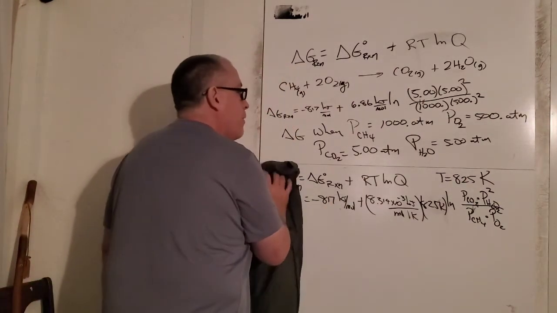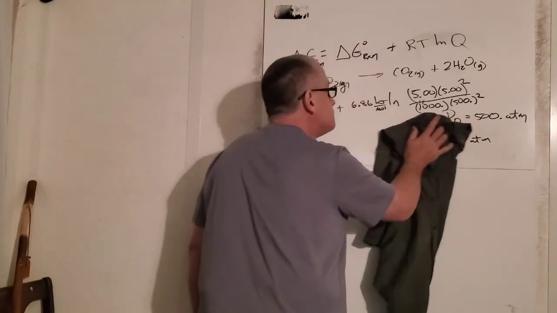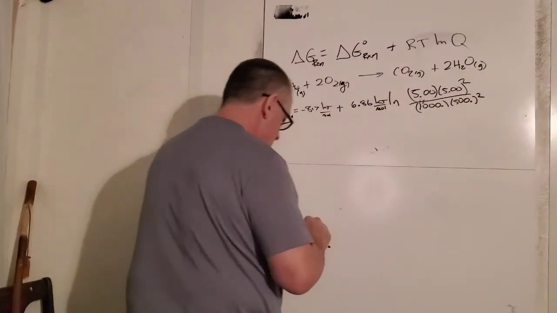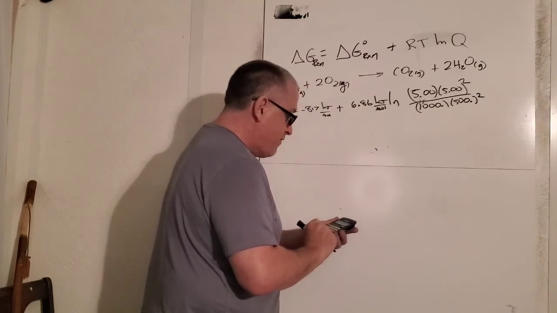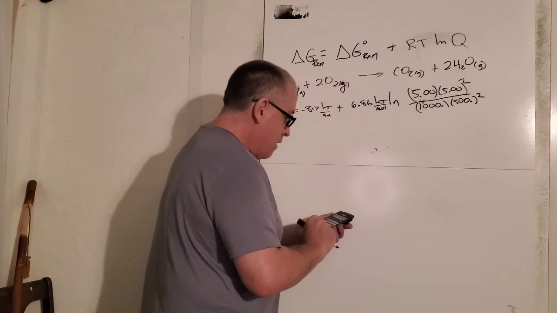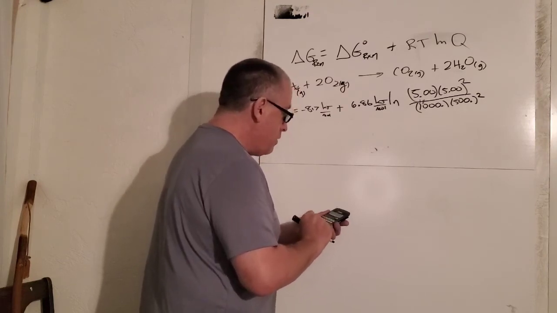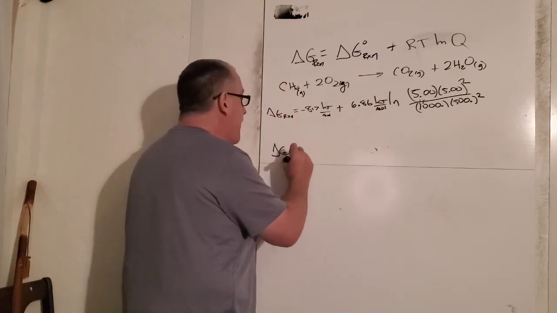So I can go ahead now and erase the bottom pieces. So 5 times 5 times 5, 125, divided by 1,000, divided by 500 squared. That's going to give me delta G of the reaction.